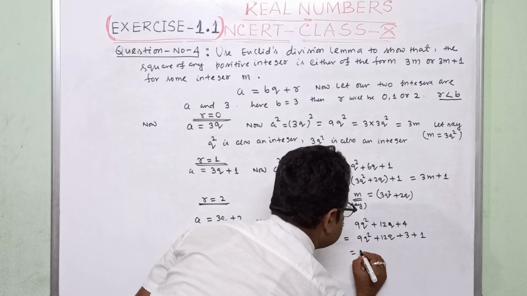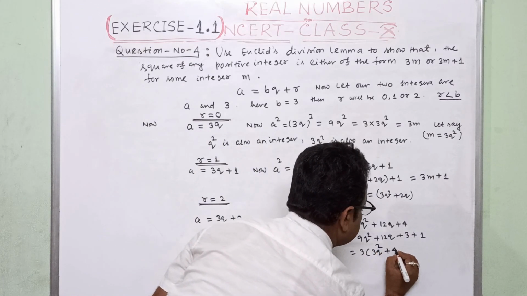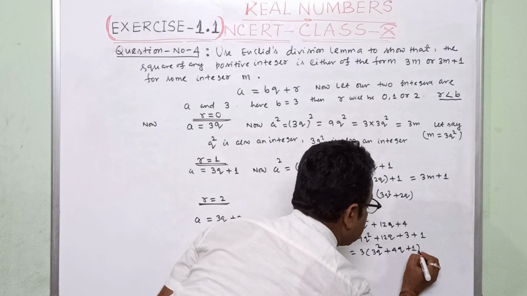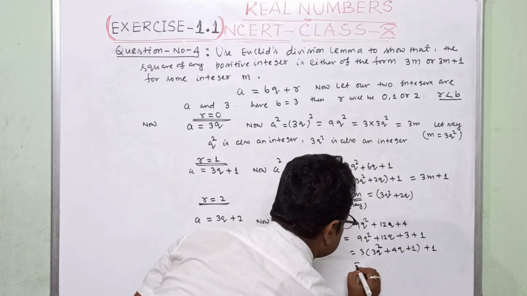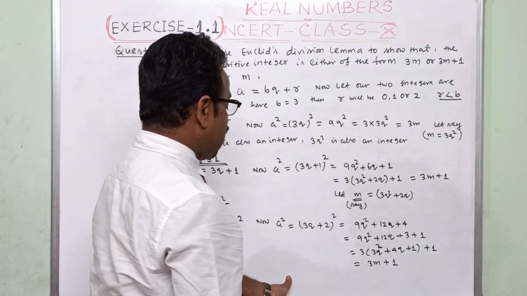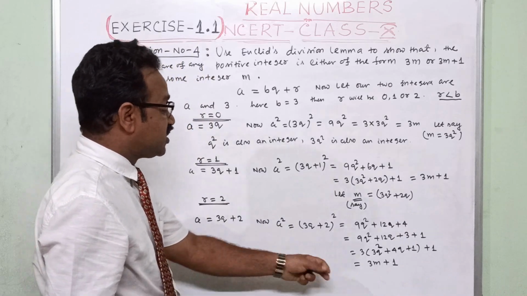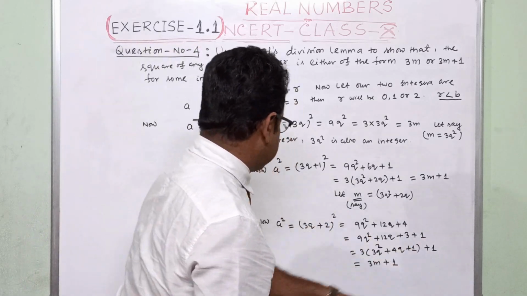Taking 3 common, that is 3 times (3q square plus 4q plus 1) plus 1, which is equal to 3m plus 1. So here also m is an integer, since q is any integer, so this is one integer plus 1.